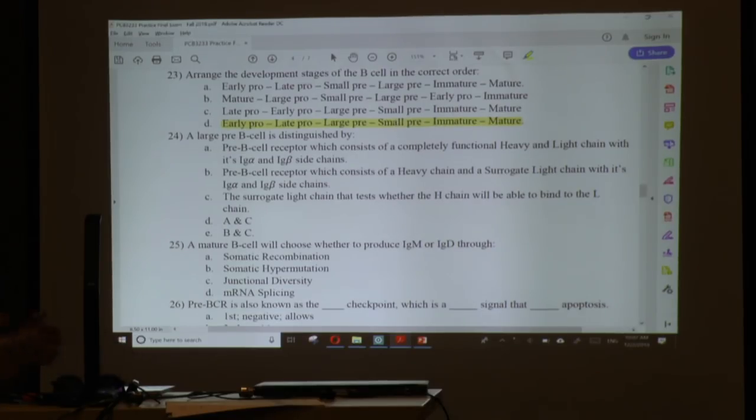Then as an immature cell, you start putting out those BCRs that you made. You start putting out IgM first. And then as a mature cell, you're going to need to have both IgM and IgD on the surface, right? So if you don't have IgM and IgD on the surface, you're not going to be a mature B cell. Cool? All right.